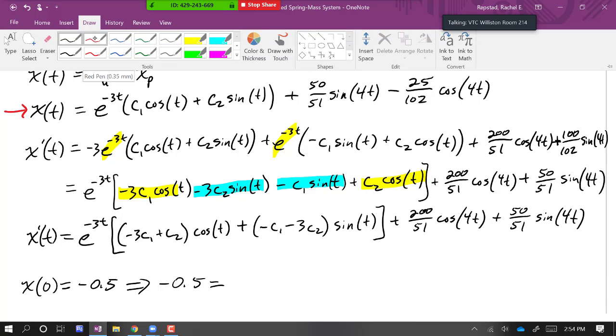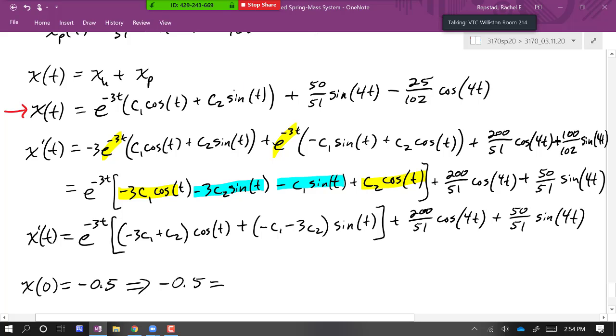E to the stuff goes to 1. The sines go to 0. So we lose that. We lose that. Cosine is 1. So we get C1 minus 25 over 102.